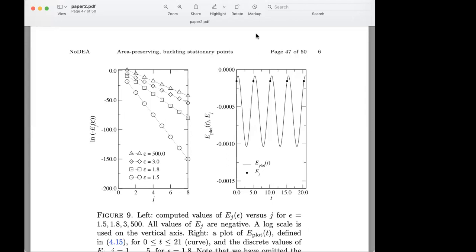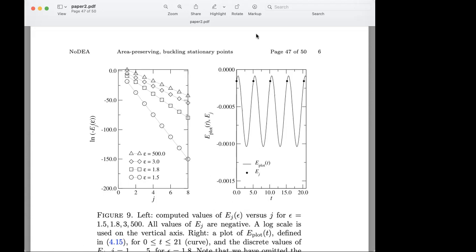But if you fix on one particular epsilon and look at the pattern as you increase j, which is increasing the number of buckles, you find that log of minus ej, the energy associated with it, decreases. Now, the ej's all turn out to be negative, which is why you need a minus sign in front of it.